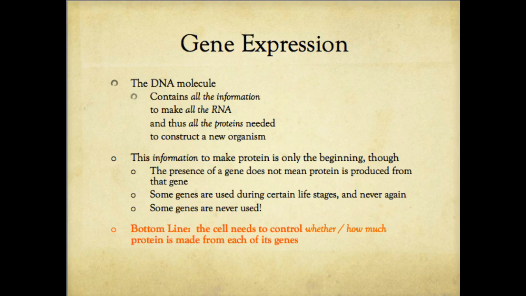So it's very common for genes to be used at very specific stages in the life of the cell and the life of the organism. The bottom line is that the production of protein is tightly regulated by cells. The cell needs to control whether it makes a particular protein, and if it does make that protein, when it will make it and how much it will make.